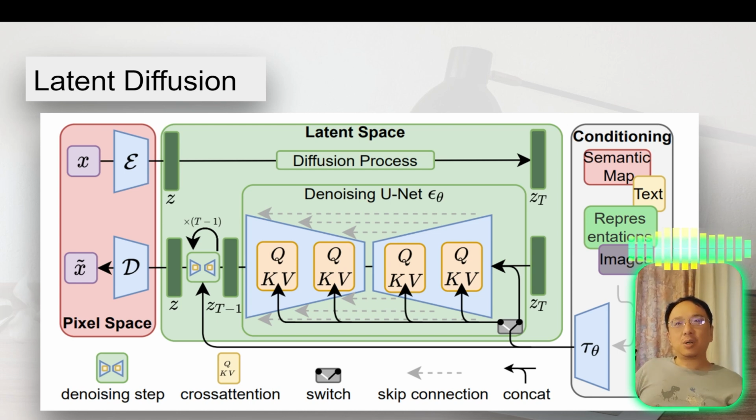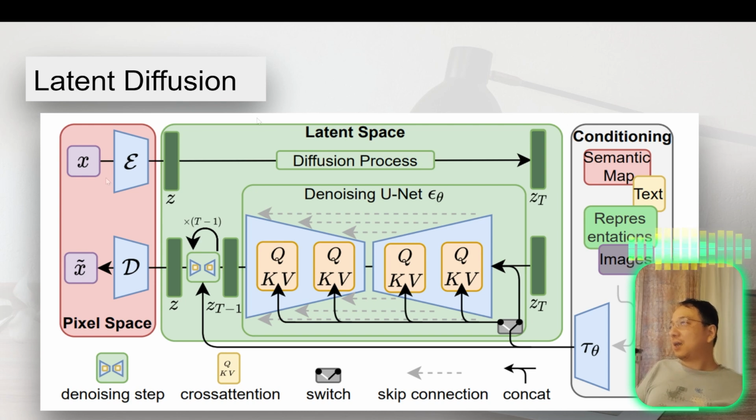So let's look at the illustration and we can explain a little bit about the details of the actual implementation of the latent diffusion models. You can see above here, the pink area represents the pixel space. At the beginning we have an X, which is an image, and we have an encoder, and then we get into a latent space.